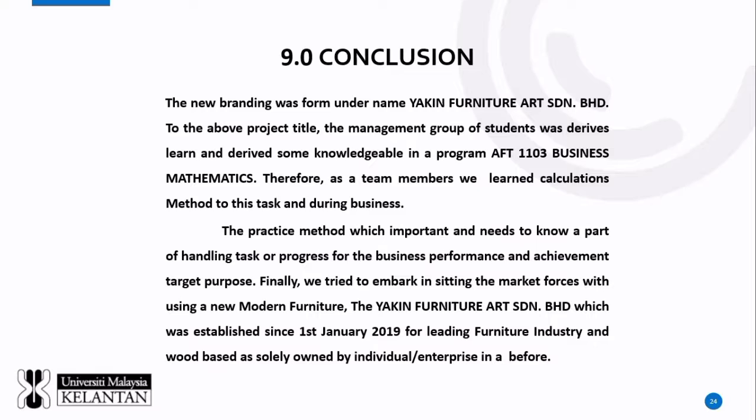Finally, we embark on setting this in market forces, using modern furniture with the brand name by Yakin Furniture Arts Sdn Bhd. This company was established on 1st January 2019, as I mentioned before, and is leading in the furniture industry and wood-based products, solely owned by an individual enterprise before.